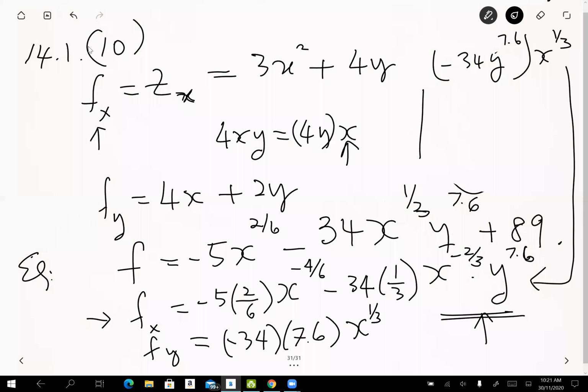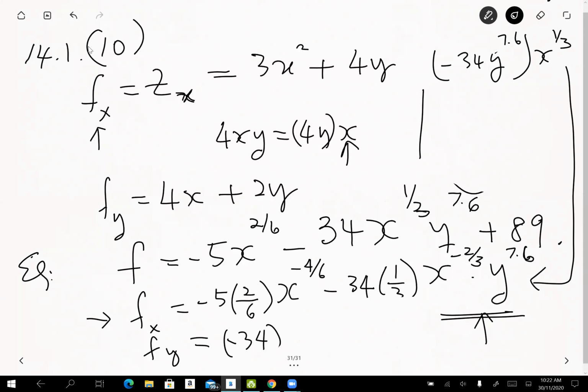And then you multiply by the y, which is the one that you differentiate. So that will be y to the power of 7.6 minus 1, 6.6. I think I will reorder this because you put the constant before the x.